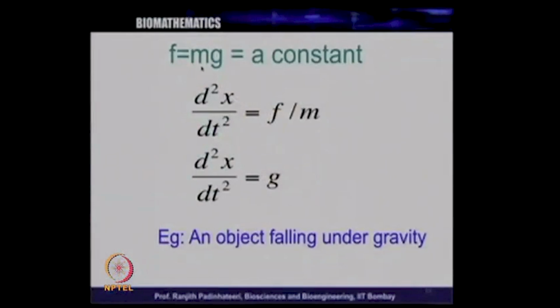If I say F is equal to mg, I get d square x by dt square equal to g, which is Newton's equation for an object falling under gravity, where g is acceleration due to gravity, a constant which is 9.8 meter per second square, on our earth.